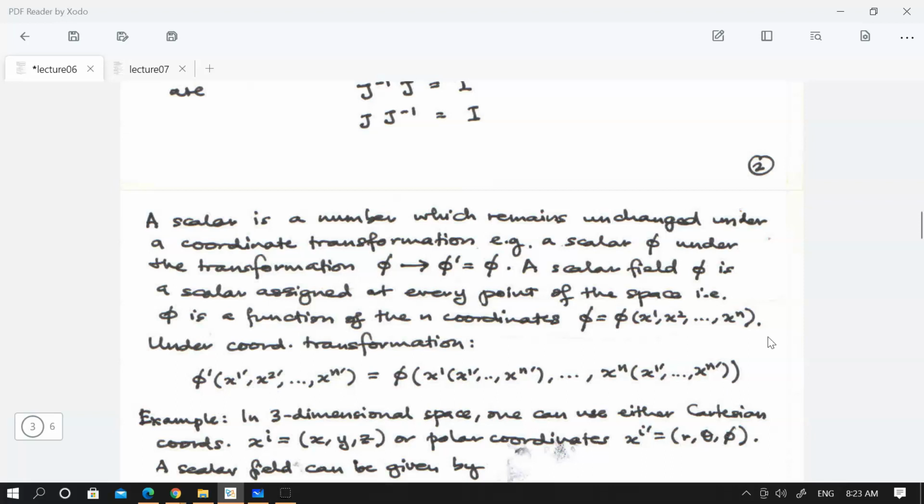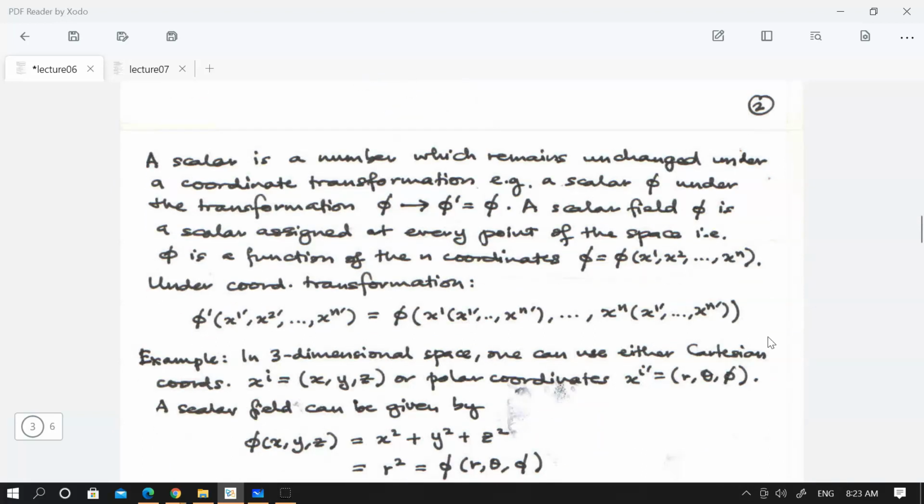The scalar can be a function. When a scalar is a function of other coordinates, this is sometimes called a scalar field, where your scalar is defined on all points of the space. That's why it's called a field.